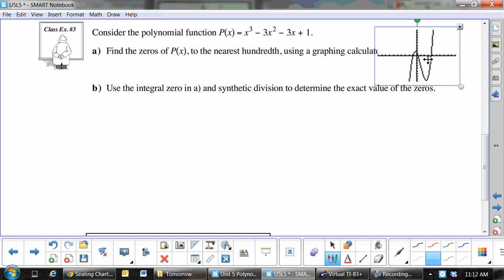Or what are all the roots? -1, 0.27, and 3.73. Now this is what I'm going to give you on the quiz tomorrow, and this is what I'm going to give you on your unit test.